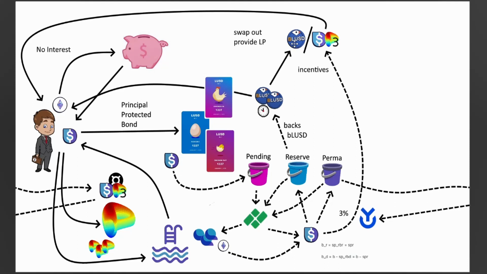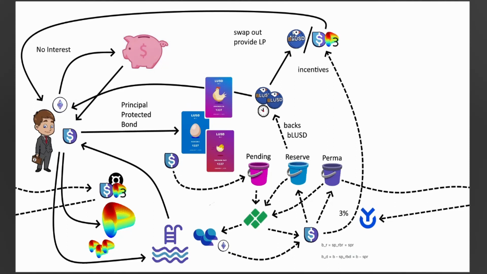So if you find that the BLUSD is trading at a premium above the US dollar, right? And let's say you put $1,000 in here and you got back 1,000 BLUSD, but BLUSD is trading above $1, then you will get back more LUSD, and then you can do it again, right?